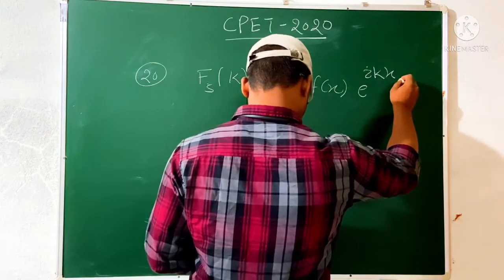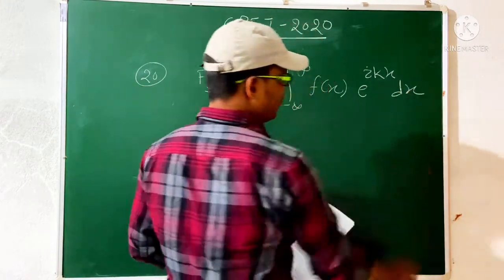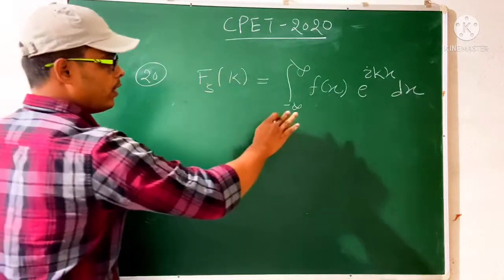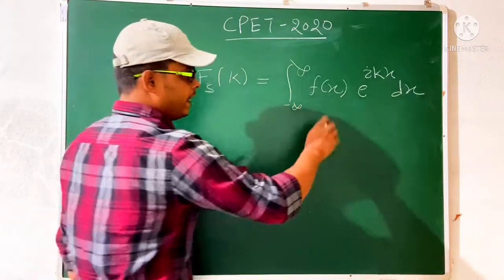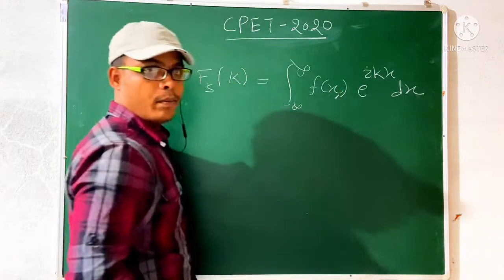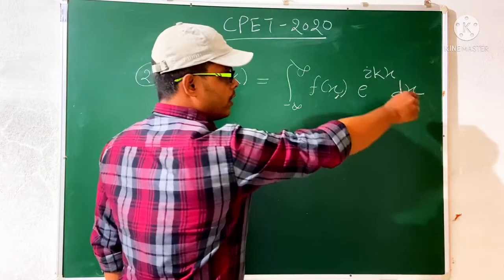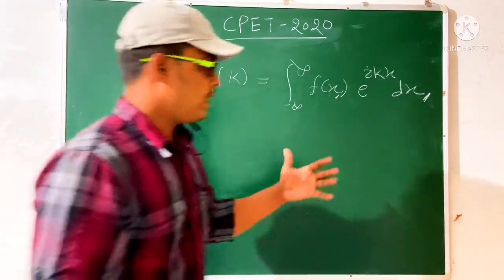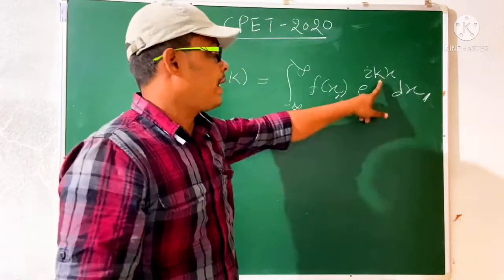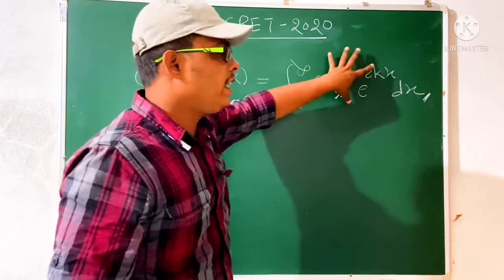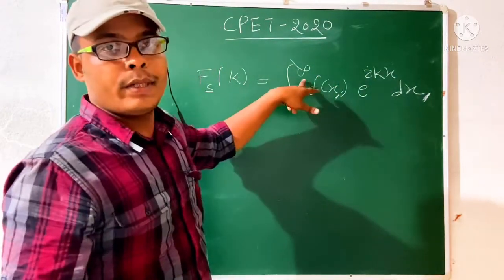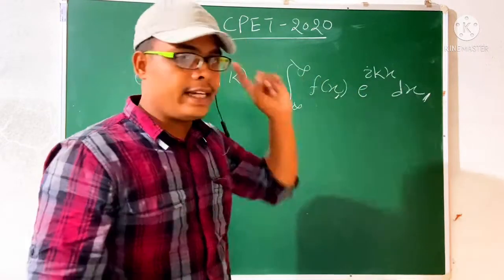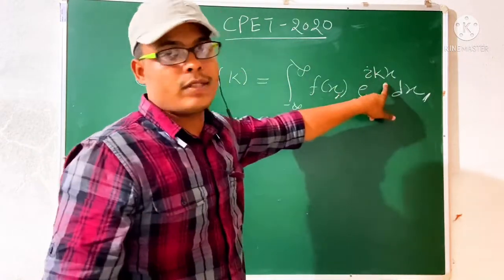Remember, this is the integration with respect to x, and k is constant. So this is a definite integral, and if we solve this, we will get the answer in terms of k.